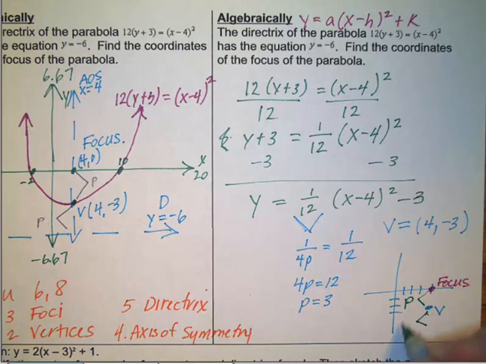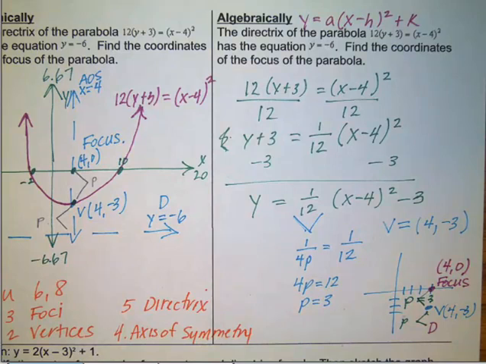And then if I went 3 down, that would also give me my directrix. But I don't have to go 3 down. So p equals 3. So if my vertex is at 4, -3, if I go up 3, that means my focus is at 4, 0.